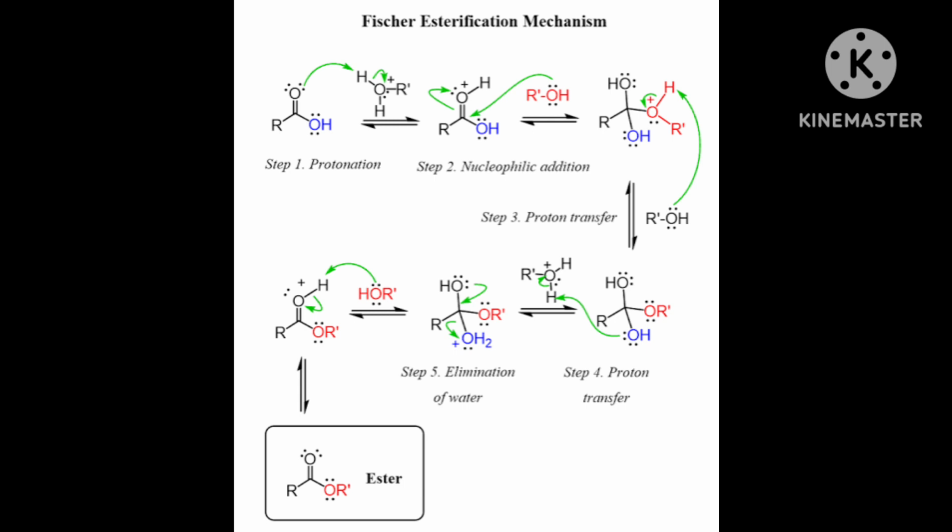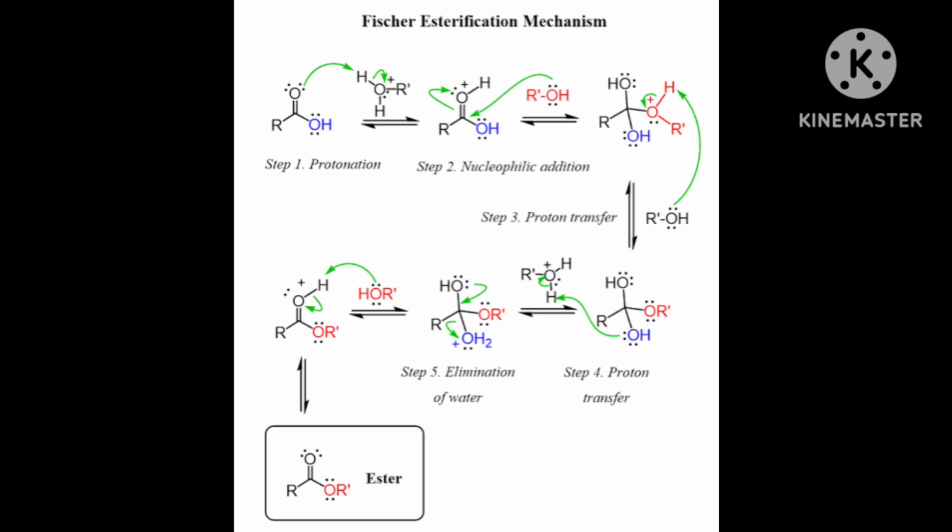Now you can say the other reaction, with PCl3. Carboxylic acid plus PCl3. Here you will take 3 molecules of carboxylic acid, RCOOH. Why will you take 3 molecules?